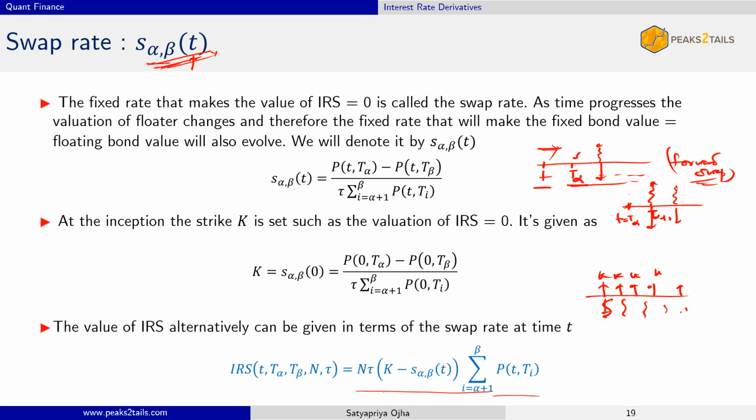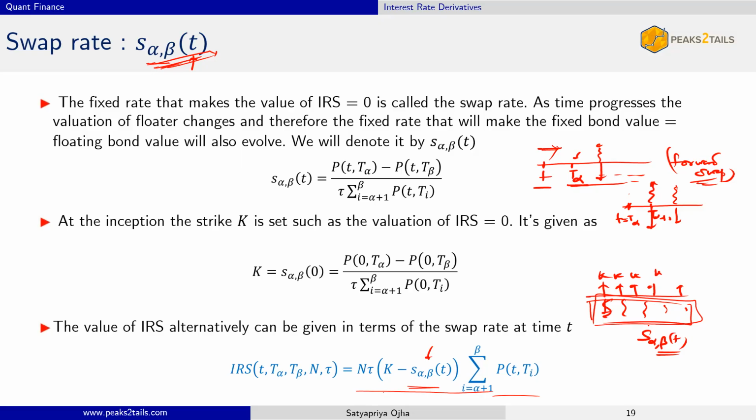But at any point in time, this floating rate bond can be replaced by a fixed rate bond with the fixed coupon rate being the swap rate, because the definition of swap rate is such that it equates the fixed bond and the floating bond. So can I look at this entire floating rate bond as a hypothetical fixed rate bond having fixed rate equal to this? Because this makes them equal.